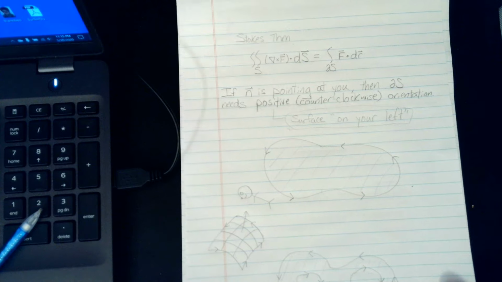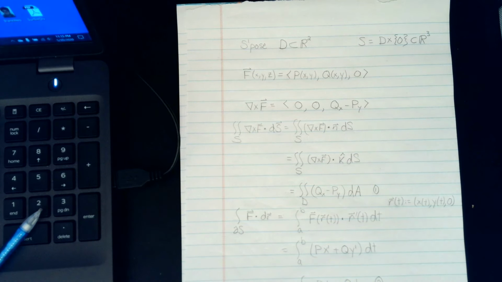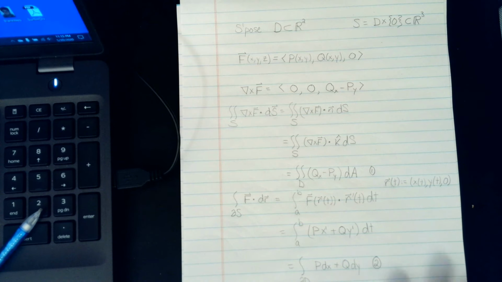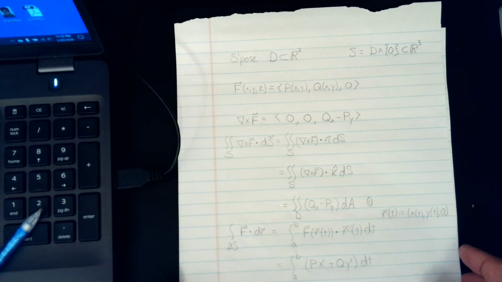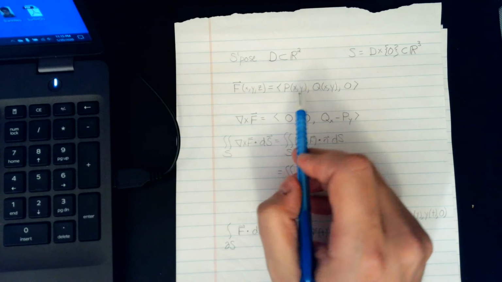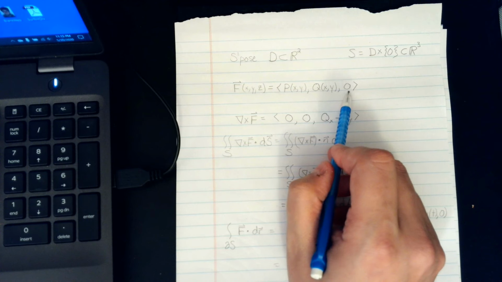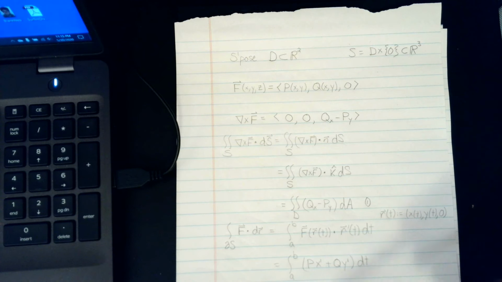Now, I don't care about it too much, but I want to mention it at least, and here's a thing where you can pause if you're interested, and I'm going to fly through it. If I take as my vector field something that depends only on x and y and has a 0 z component, then I can quickly derive what's called Green's theorem.